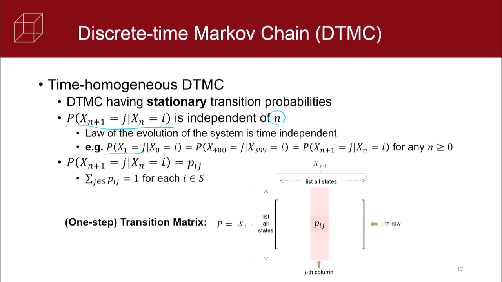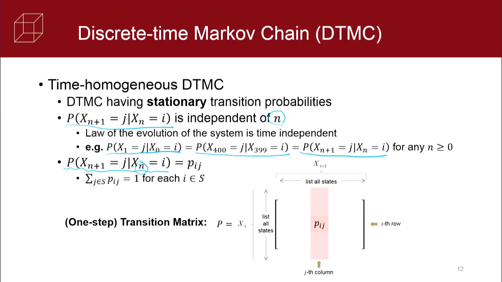For example, this conditional probability when n is equal to 0 is equal to this conditional probability when n is equal to 399, and that is equal for every n. The assumption of time homogeneity means the law of the evolution of the system is time independent.